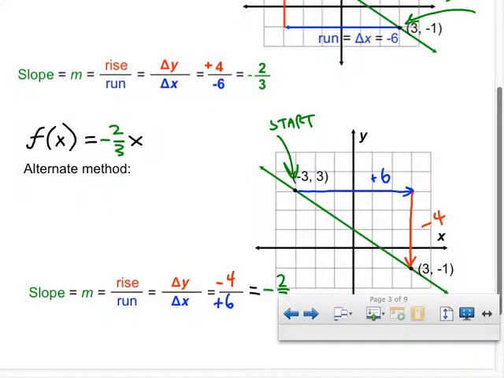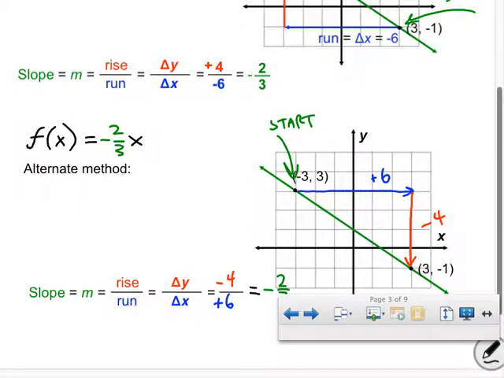Now, I'm not so sure that that's going to work just yet, but how do we test it out? How about we try one of these points that they gave us? Let's try (3, -1). If I put +3 in here, what do I get back? So let's try +3 and see if we get back -1.